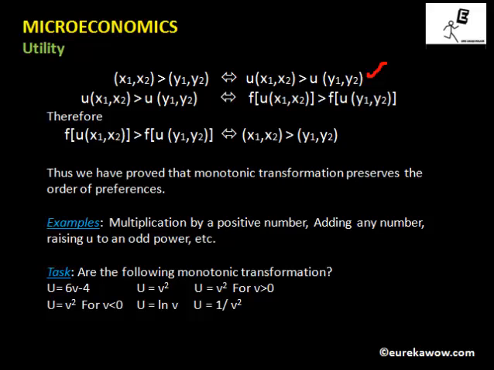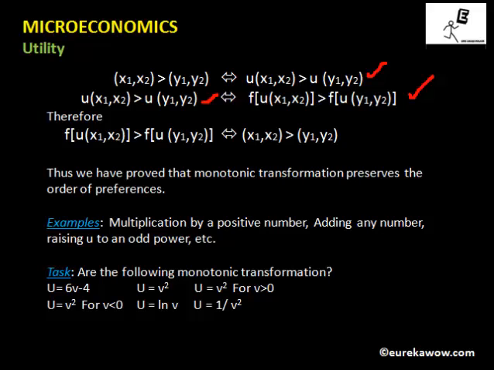Also, if the utility from the bundle x1, x2 is greater than the utility from the bundle y1, y2, then f of u of x1, x2 is also greater than f of u of y1, y2. This will be true if the function f is a monotonic transformation of u.